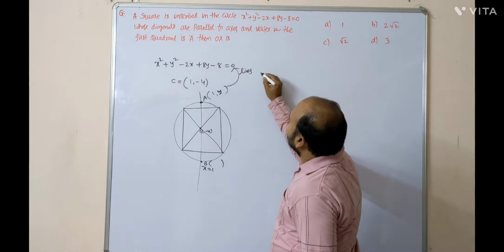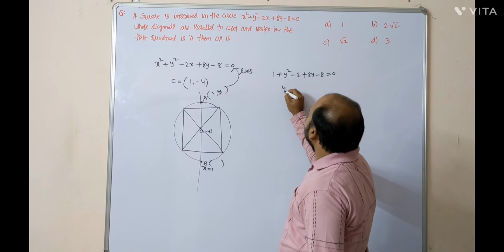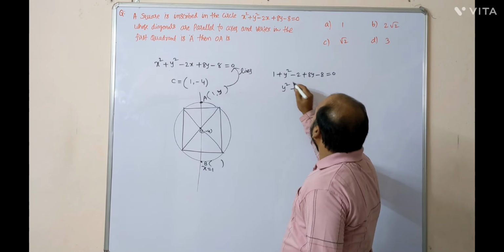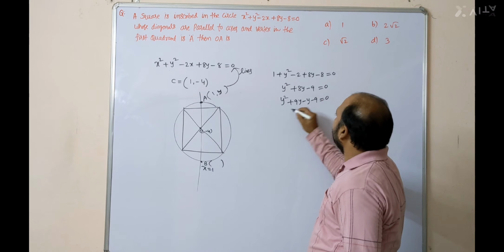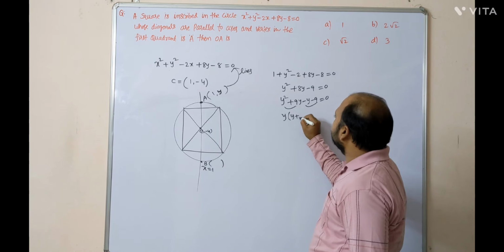So it will become 1 plus y square minus 2 plus 8y minus 8 equal to 0. So y square plus 8y minus 10 plus 1 minus 9 equal to 0. That is y square plus 9y minus y minus 9 equal to 0, factorization. y into y plus 9 minus 1 into y plus 9 equal to 0.